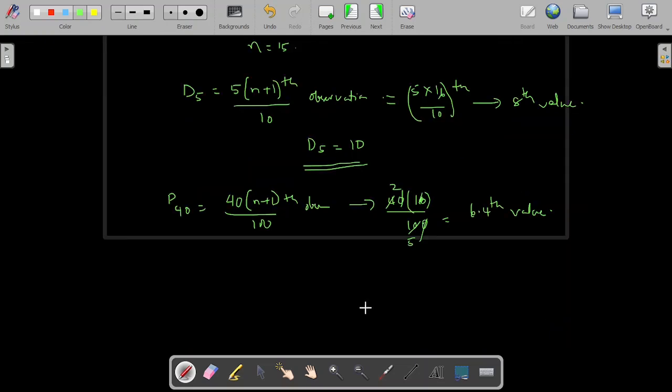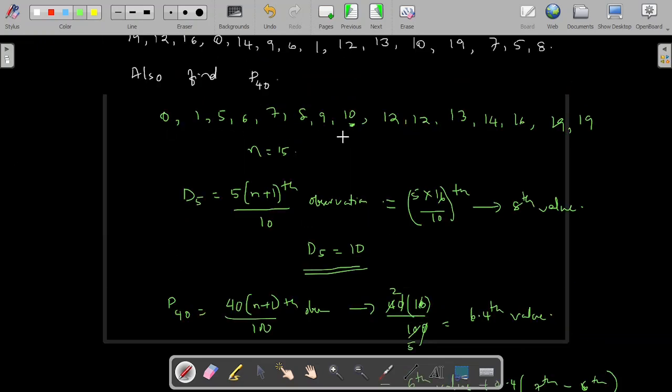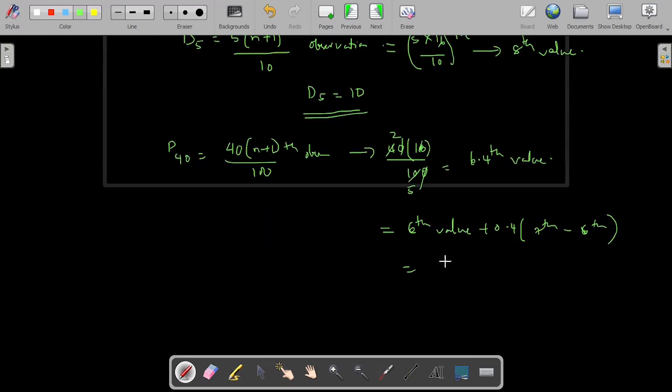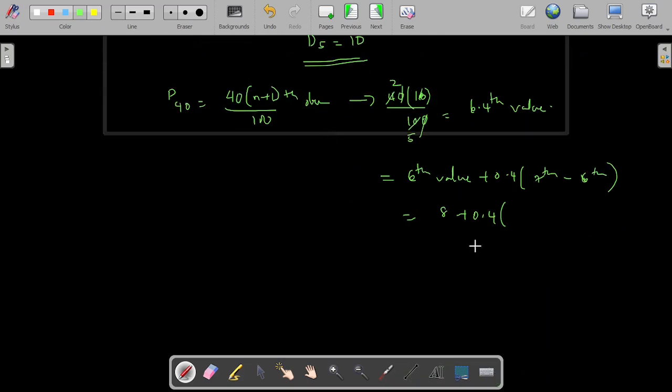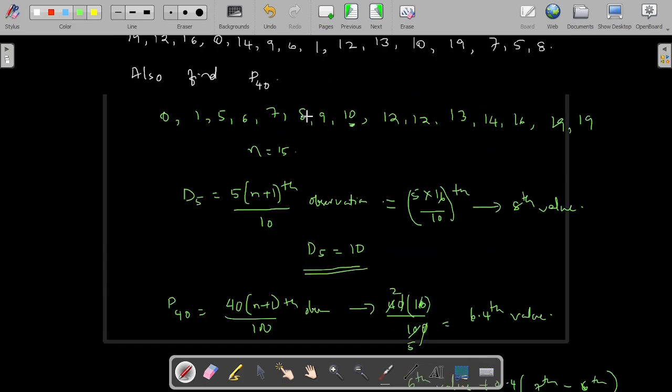Now how to get the 6.4th value from this given data: the 6th value plus 0.4 into the 7th value minus the 6th value in the observation. What is the 6th value in the observation? This is 8. So 8 plus 0.4 into the 7th value, which is 9, so 9 minus 8 is 1, which is equal to 8.4. So this value 8.4, approximately here between 8 and 9, is where 40% of the data falls.